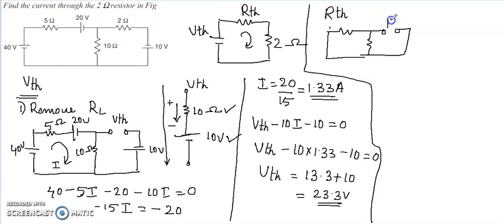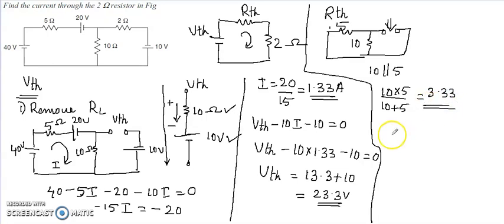Therefore, the equivalent resistance by looking through this terminal, we will get it as 10 parallel 5. That is 10 into 5 by 10 plus 5, which is equal to 3.33. So now we have got RTH also.